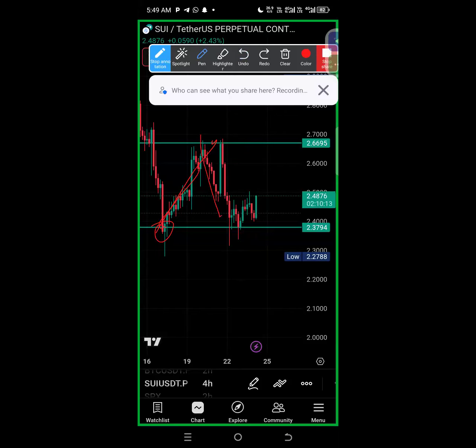So at the end of the day, anytime the price gets here and is stuck, buyers will take it up. If they get here and they couldn't continue further, sellers will bring it down. It simply means on the support zone, traders may decide to buy the asset.